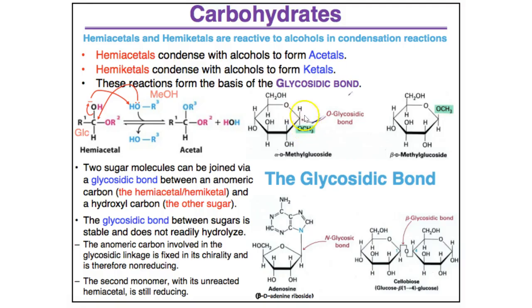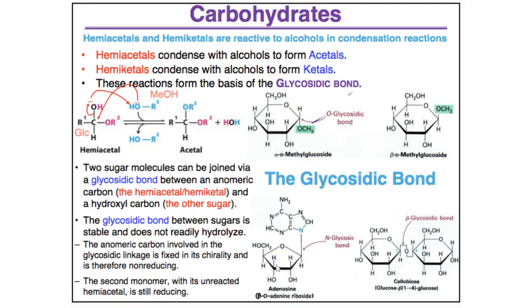This is just a general demonstration of the reaction associated with a glycosidic bond. The anomeric carbon, once again, is the carbon attached to the newly formed ether, which is what is considered the glycosidic bond.